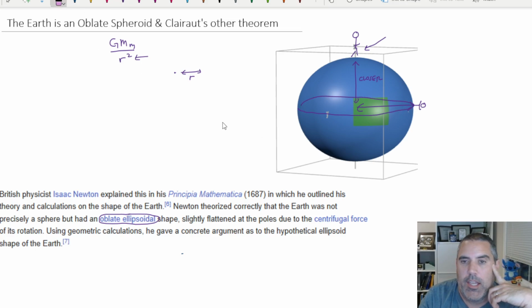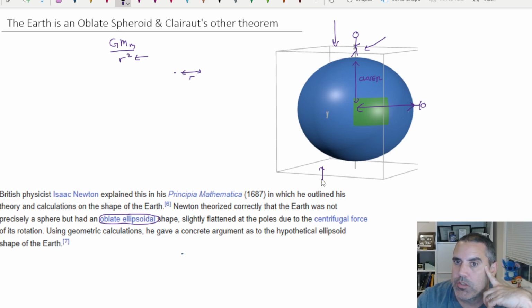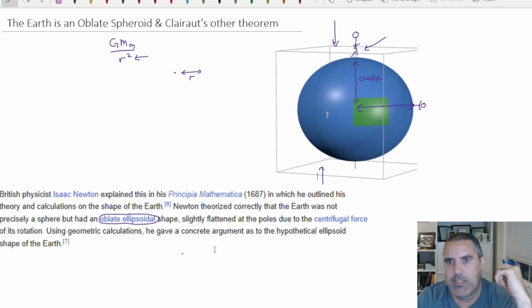So Newton was saying, I don't know if the equator is a circle. Let's assume it's an ellipsoid. Maybe it's an ellipse in all three directions, but flattened in some way this way. And I've exaggerated it in this picture. You can't really see it very well because it's a difference of 25 kilometers, which is a lot, but not easy to see, especially when the radius is over 6,300 kilometers.